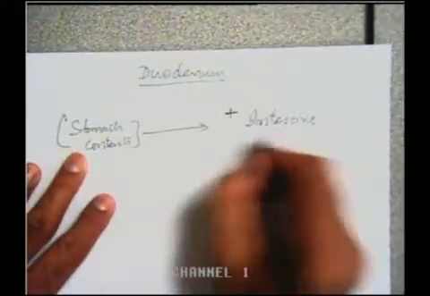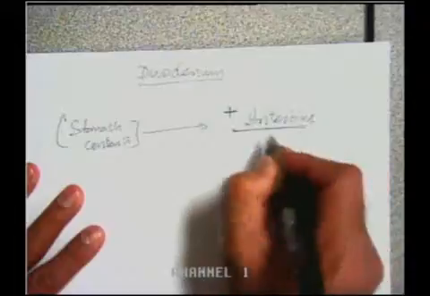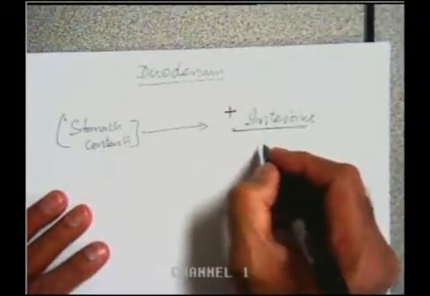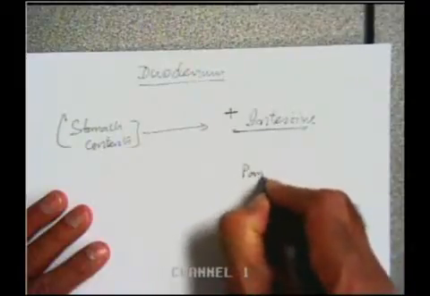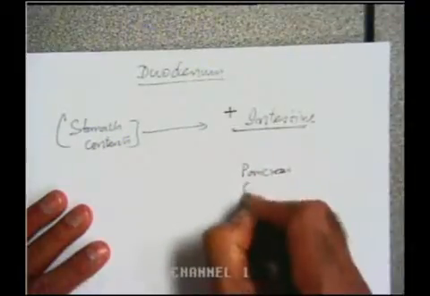So it commands the intestine, and the intestine receives the message, and that is the hormonal impact from the pancreas and then the gallbladder.